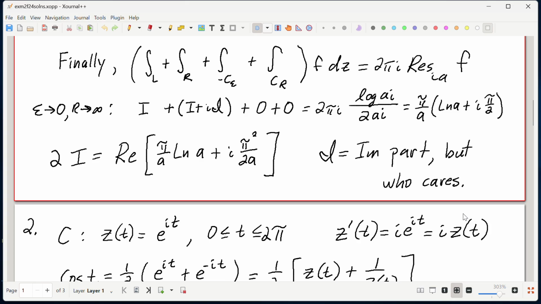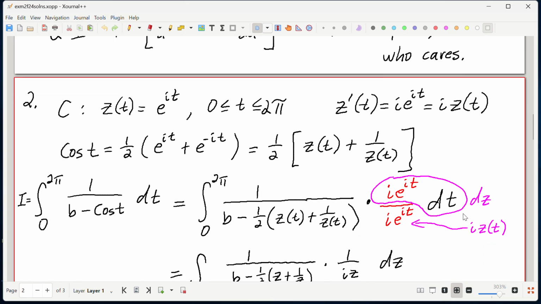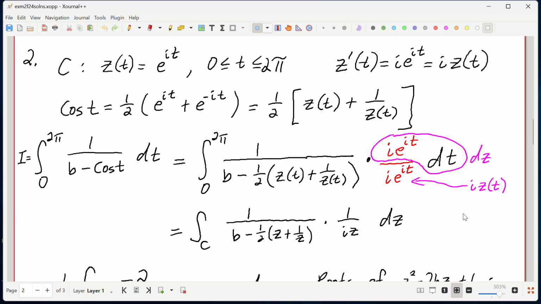That was a fair amount of work, but it's all work that's somewhat routine, more involved than a typical thing would be on a sit-down exam. In problem number 2, you were supposed to compute this real integral involving a trig function, but the interval is from 0 to 2 pi.